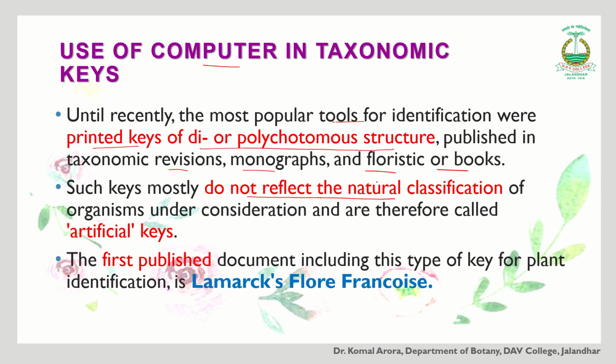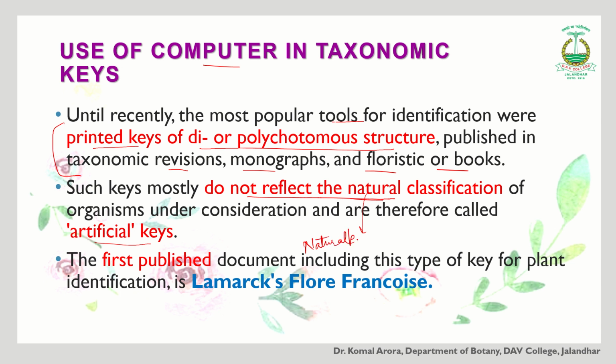But the keys used earlier were based on just easily observable characters, a few characters. So they were the artificial keys. But we wanted the natural one, in which all available information should be used while preparing. So natural keys were not available in the past.